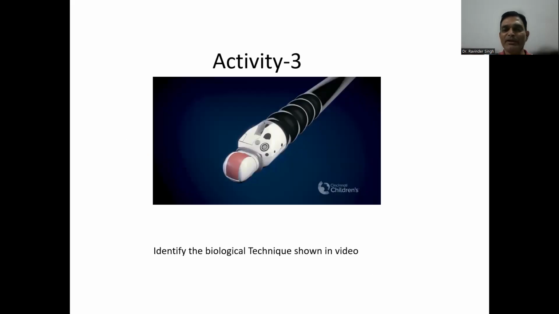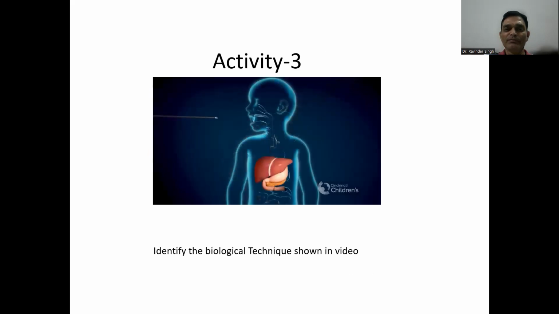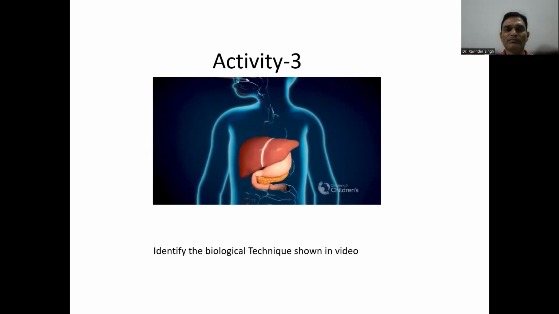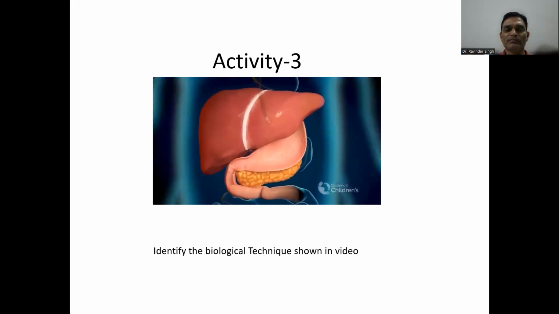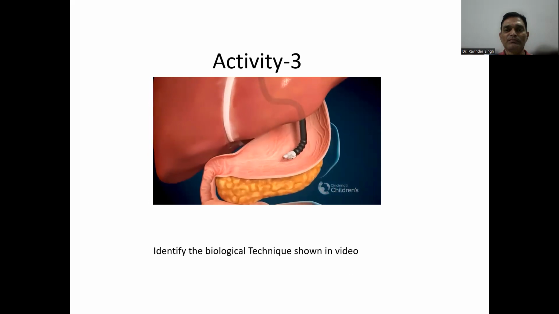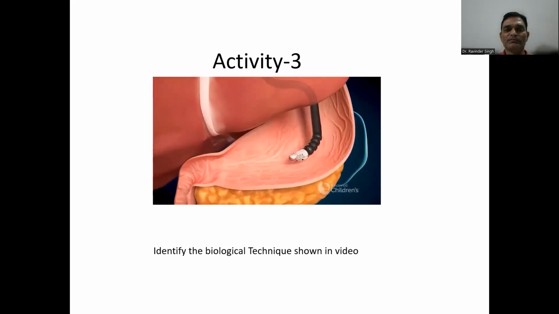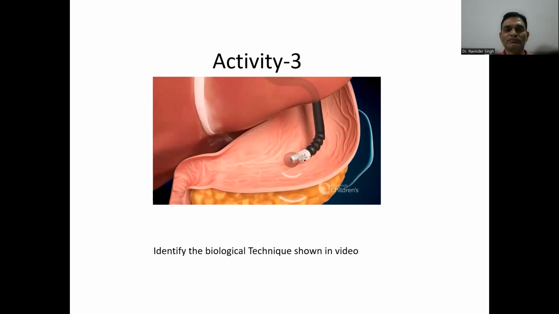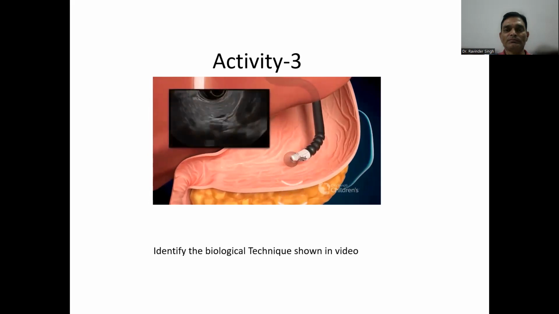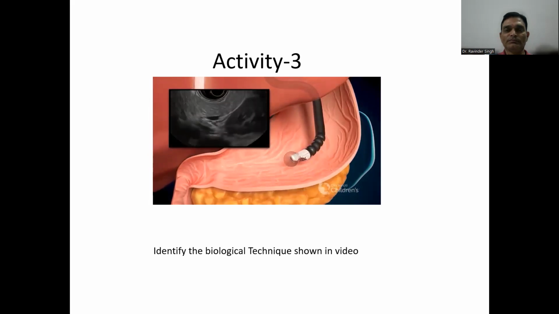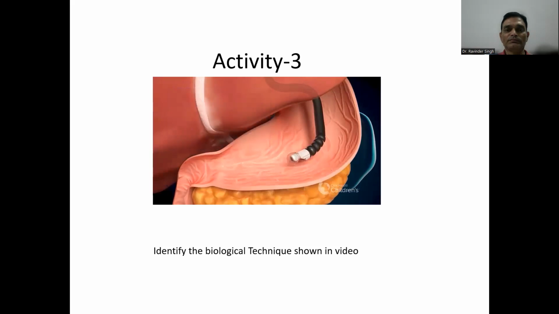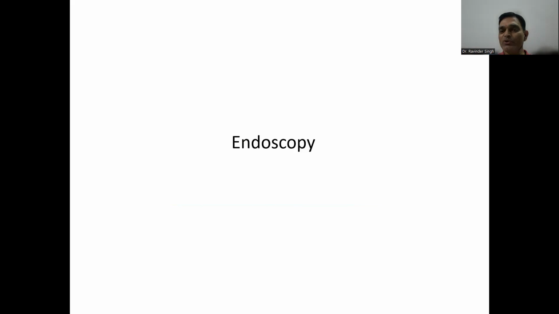Identify the biological technique shown in the video. Answer is endoscopy.